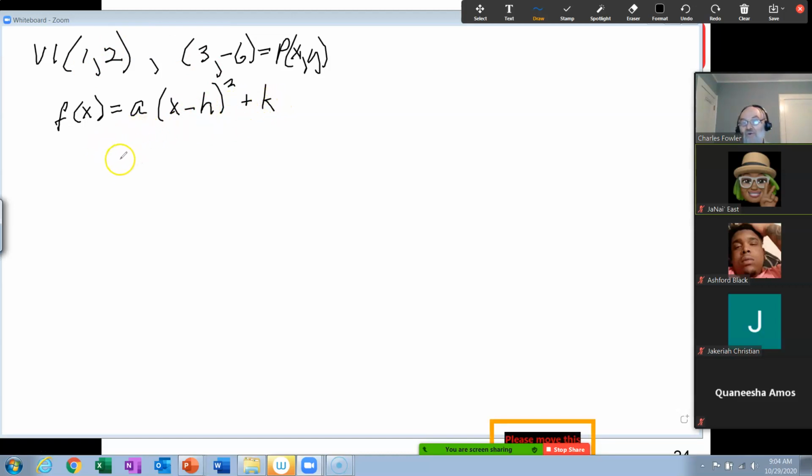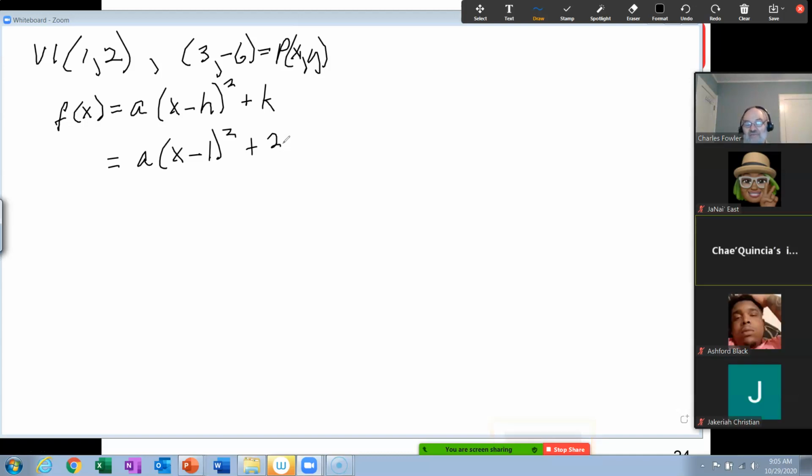So we already know 2/3 of that function. That standard function would be a, we don't know a, times x minus 1, that's your h, squared plus 2. Hey, 2/3 of the way there just using the vertex.